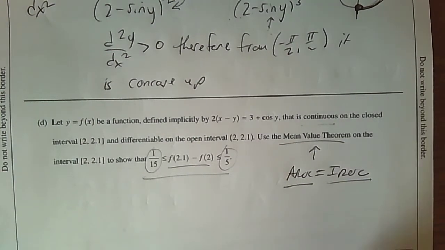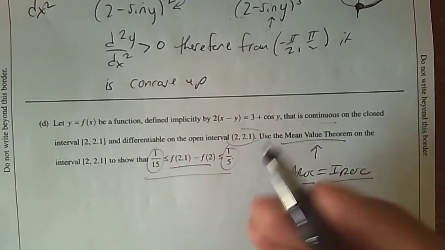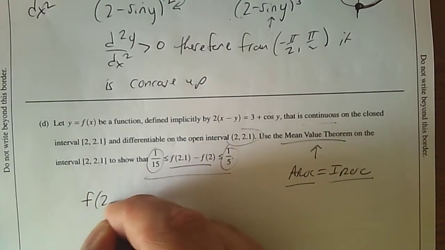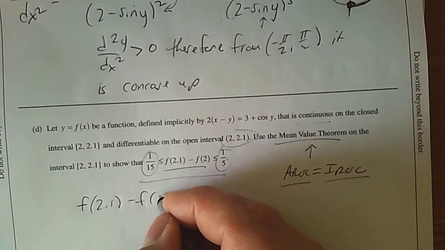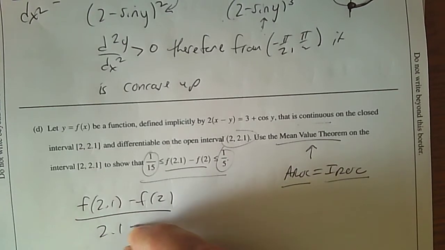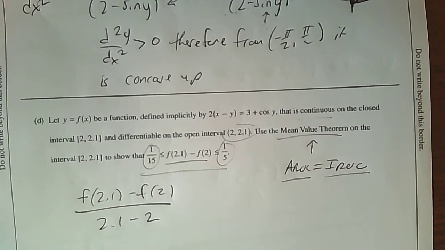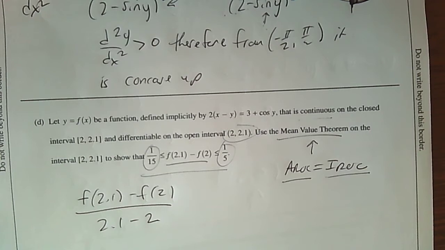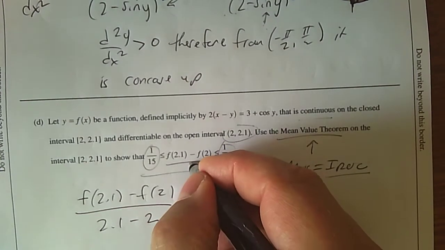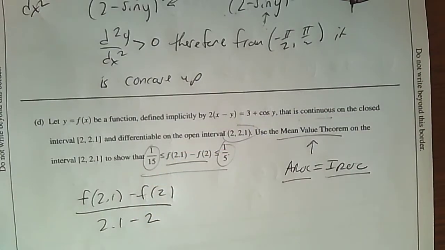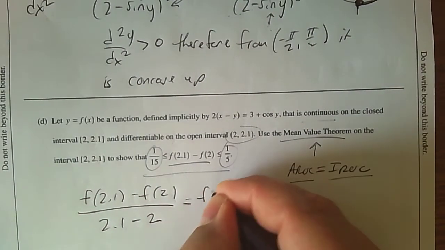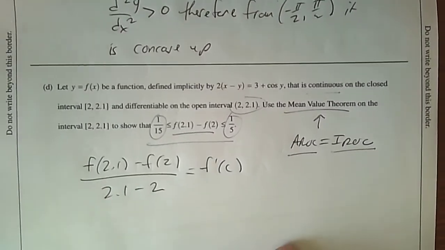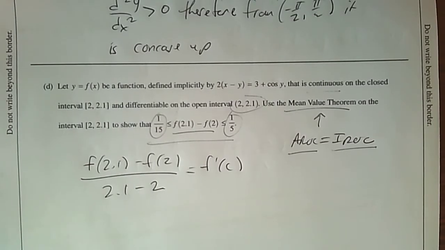A rock, the average rate of change from here. So for that, we're going to start with how to find the slope. So we're going to start there. f at 2.1 minus f at 2 over 2.1 take away 2. That's what this is right here. And if I look closely, we know that there's some c value that will equal that in the interval.